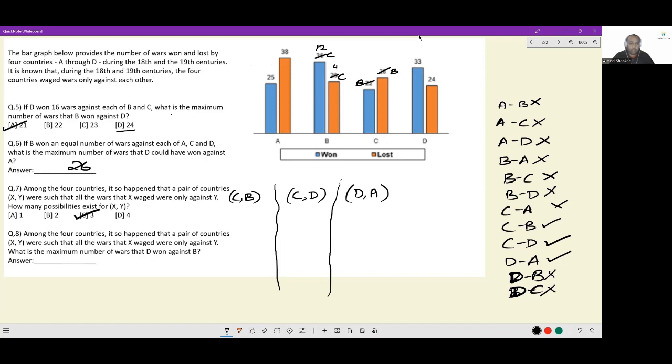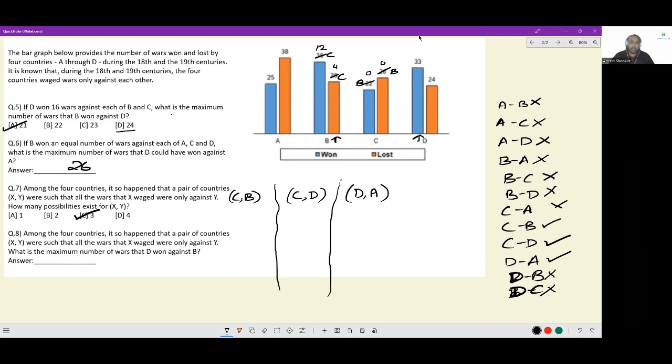Now I'm looking to maximize number of wars that D won against B. So these two columns are the ones that I do not want to touch. These two are at 0.